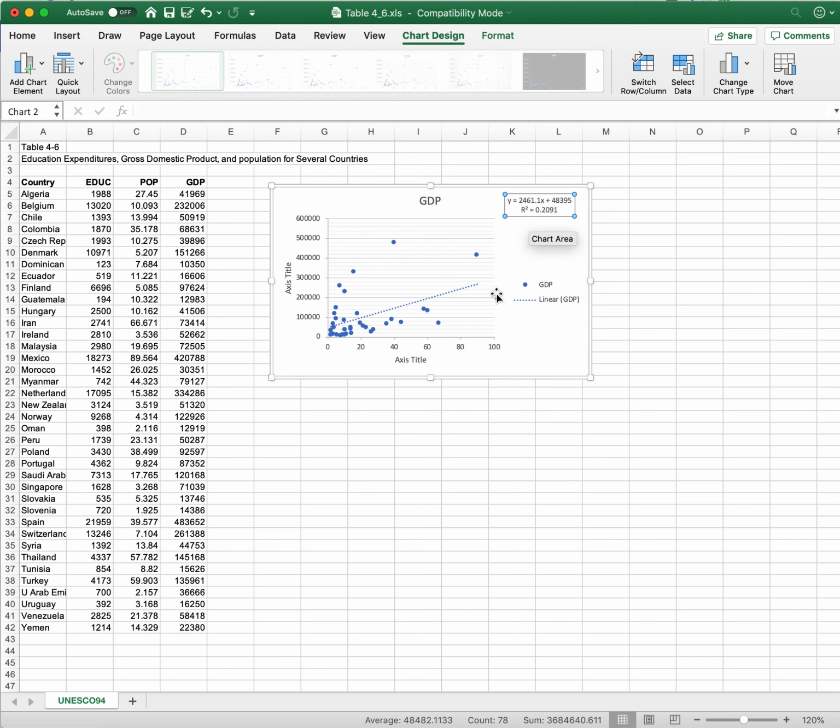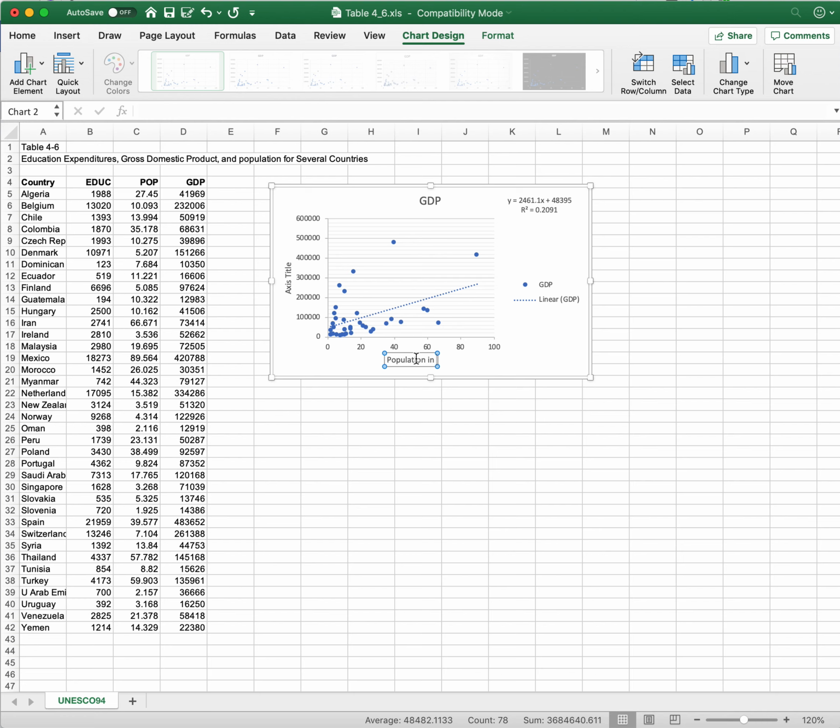The x-axis, which we probably should label, is population. I don't know what the population units are. Where's the U.S. on here? It's not on there.